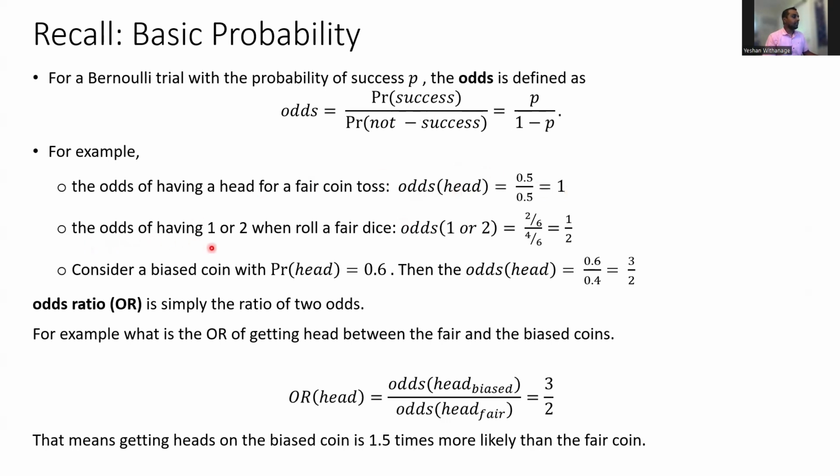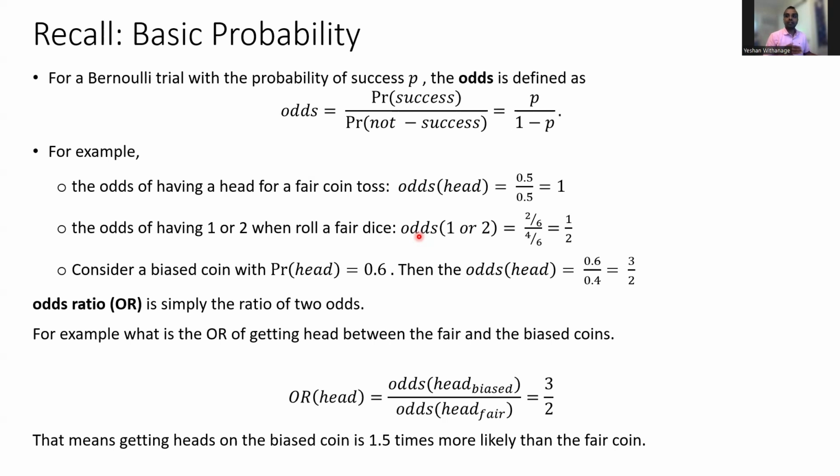The odds of having 1 or 2 when we roll a fair dice, what are the odds? So let's see. If you roll a dice which is fair, then the dice has 6 sides. And since it is fair, each of the 6 outcomes has equal probability. So having 1 has the probability of 1/6. Having 2 has the probability of 1/6.